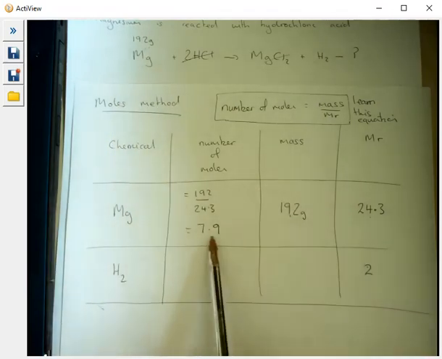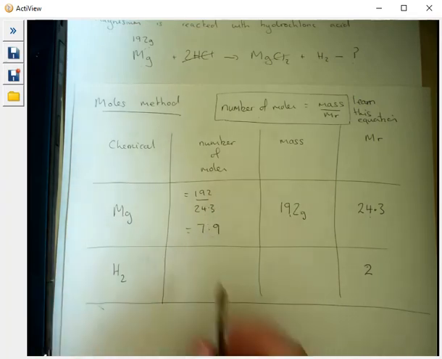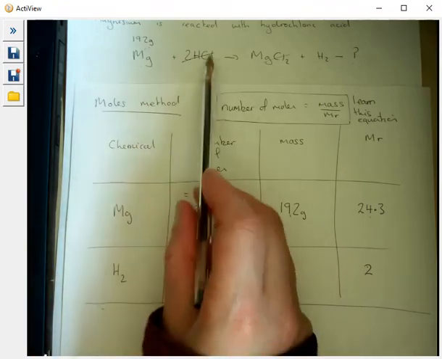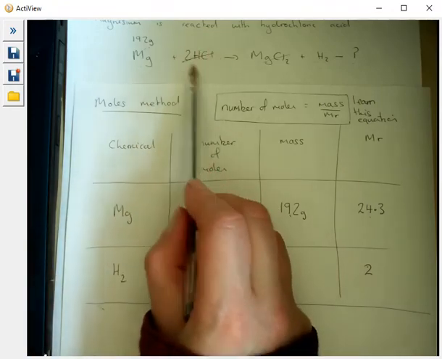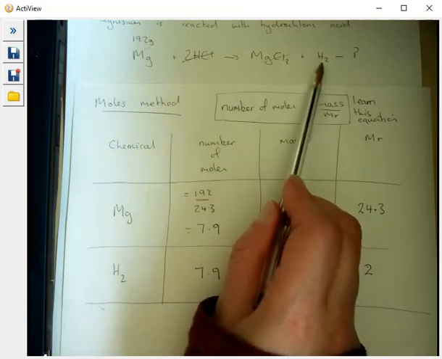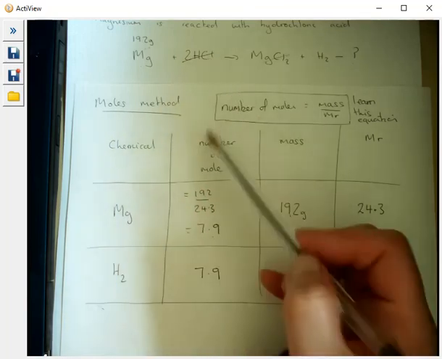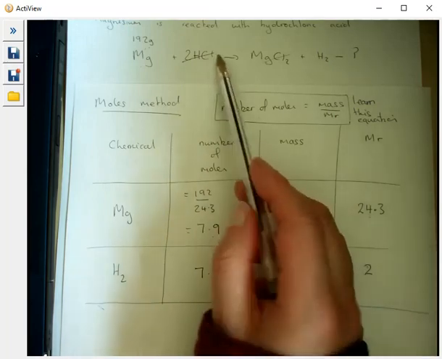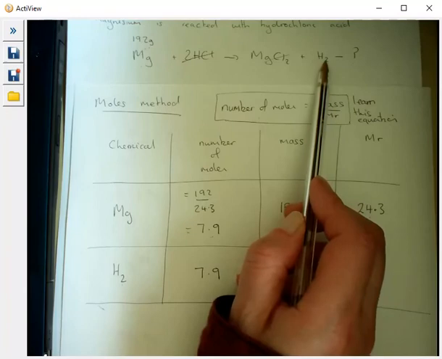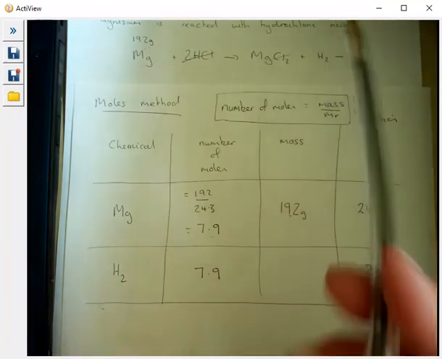So if I've got 7.9 moles of magnesium, that's going to make 7.9 moles of hydrogen. So if I was using HCl, if I had 2 moles of HCl, that's going to make 1 mole of hydrogen. So if I had 7.9 moles of that HCl, I'd have to divide that by 2 to work out how much hydrogen there was.